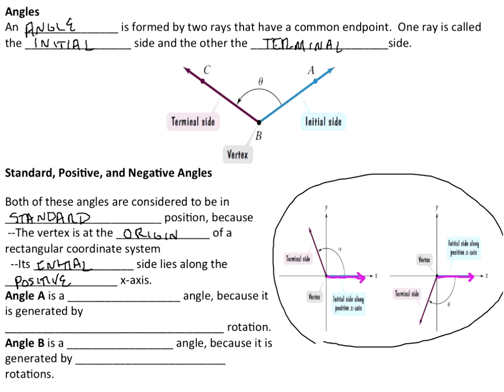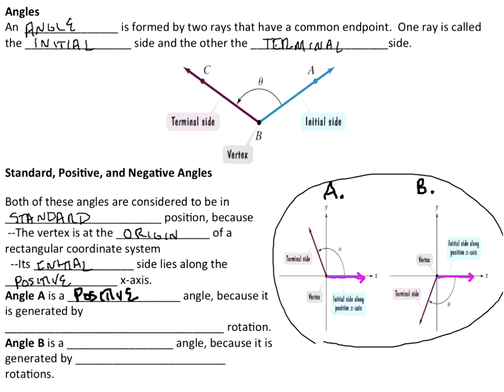All right, we are considering this one angle A. I took this out of the book and apparently I cut off the labels. I think I put them on your pages though. Angle A is considered a positive angle. The reason seems a little bit counterintuitive when you say it, but it's the way we're really used to seeing angles measured.